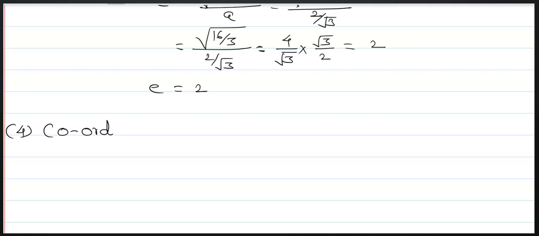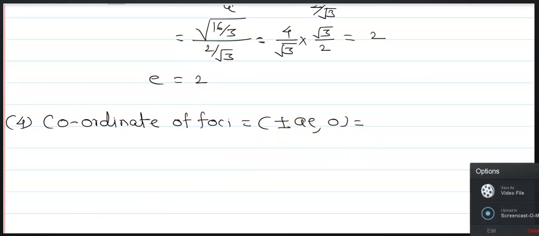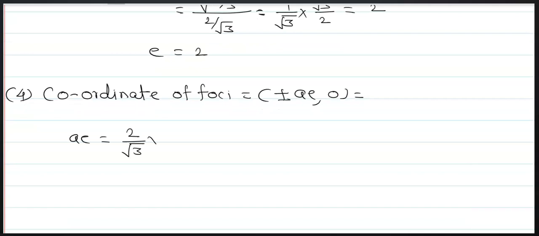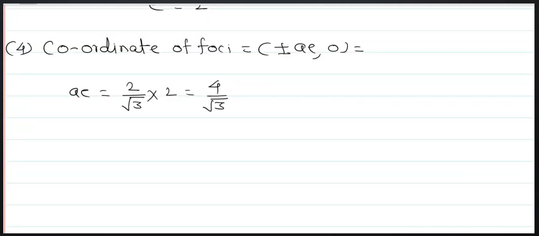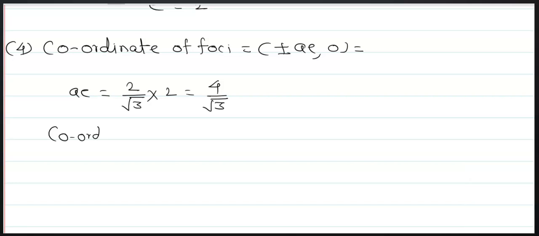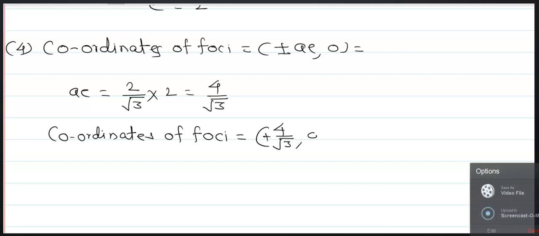Fourth one, coordinates of foci, that is plus or minus a e, 0. Therefore, a into e, that is 2 upon root 3 into 2, that is equal to 4 upon root 3. Coordinates of foci, that is plus or minus 4 upon root 3, 0.